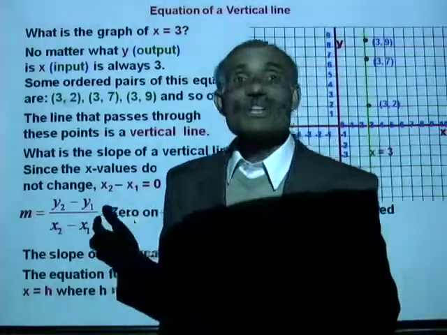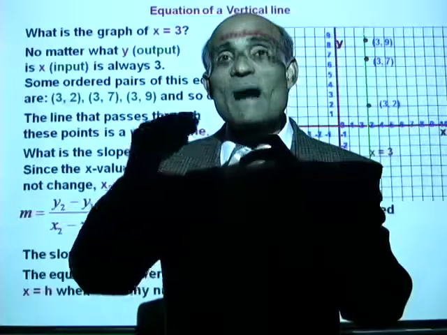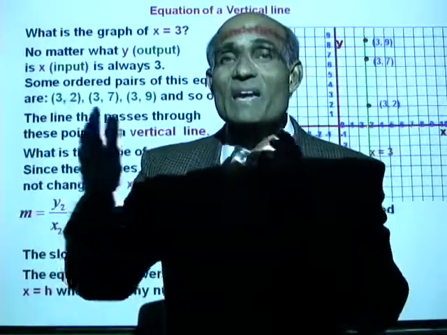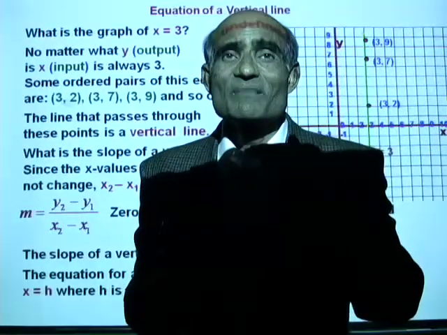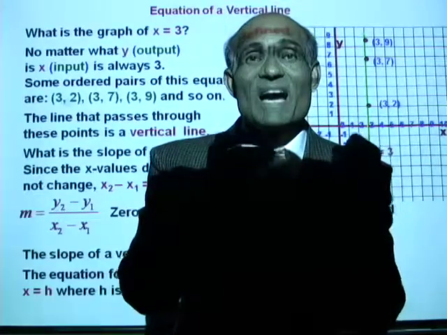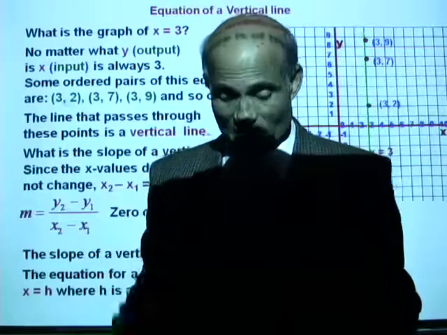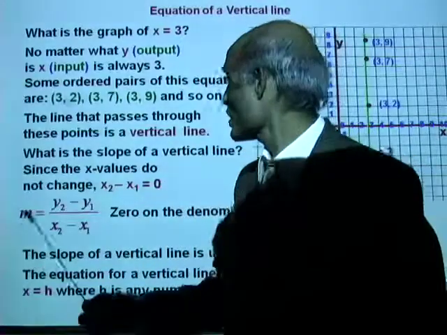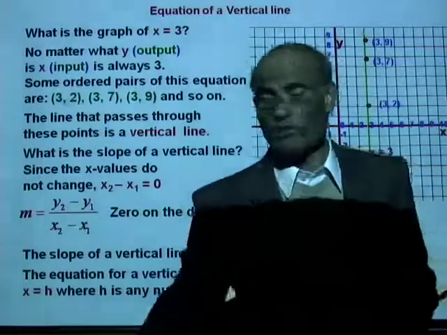You remember the form of shift of a graph, f of (x minus h) plus k. h is the horizontal shift, k is the vertical shift. So we use the equation for a horizontal line as y equal to k, f of x equal to k, and the equation of a vertical line is x equal to h. All right.